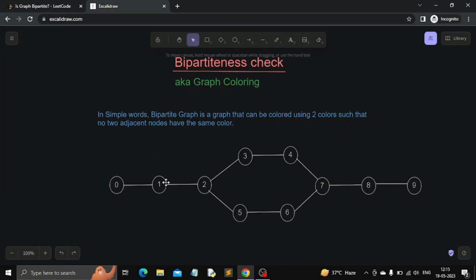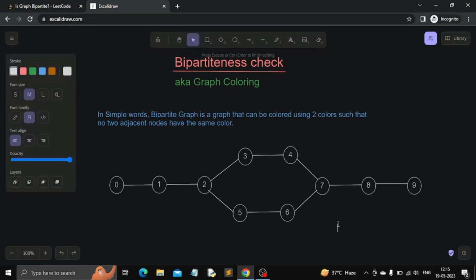So let us consider our first example. Let's say this is the graph that we have, and the nodes are numbered from 0 till n minus 1. To start off, we need two colors. Let's say we take color red and represent it by integer 0, and the other color that we will take is blue, represented by integer 1.